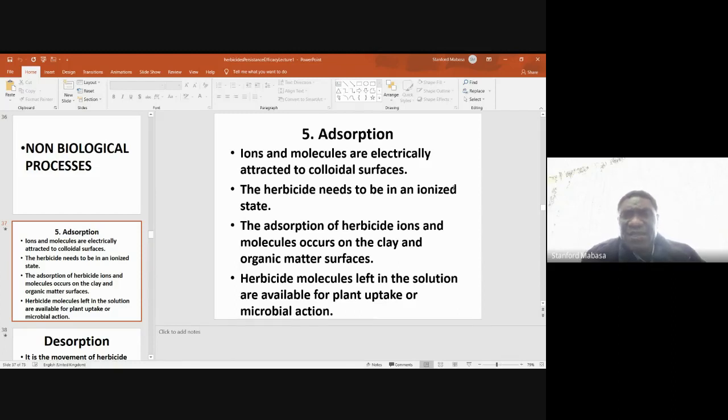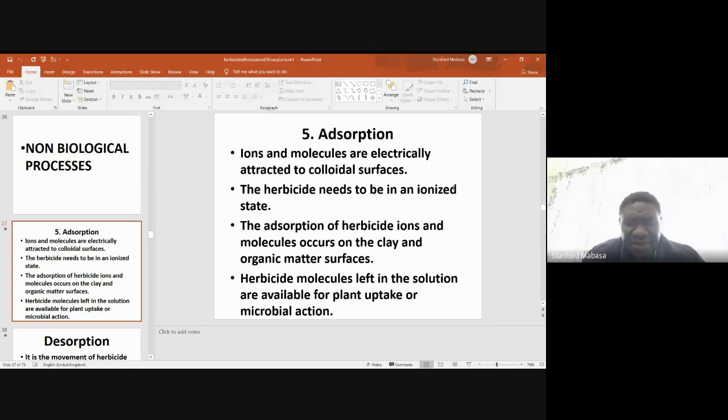The colloidal surfaces are soil particles, and the ions and molecules could belong to herbicides. So the herbicide needs to be in an ionized state before it can be attracted to clay particles or organic matter surfaces. The adsorption of herbicide ions and molecules occurs on the clay and the organic matter surfaces.